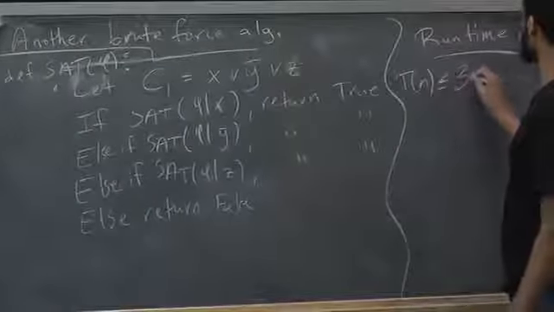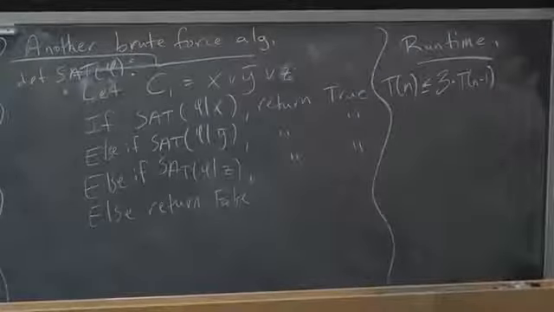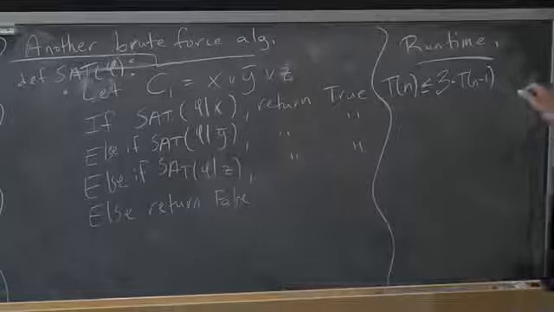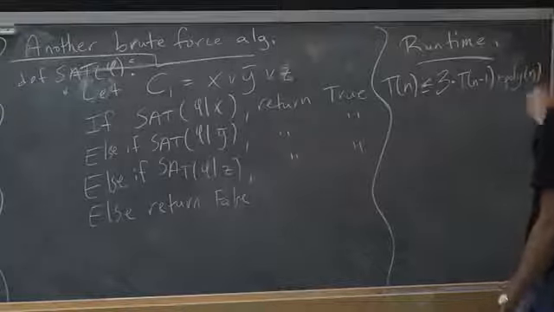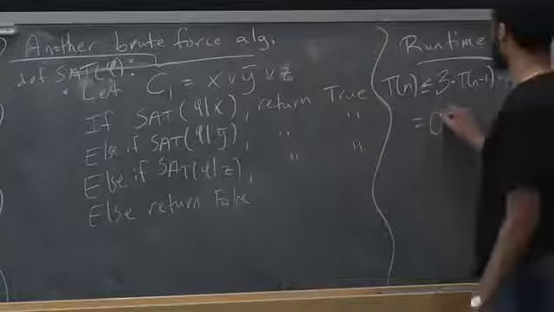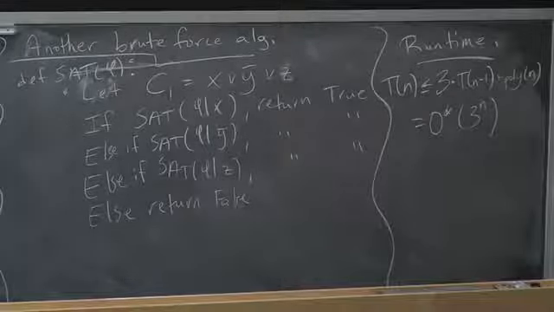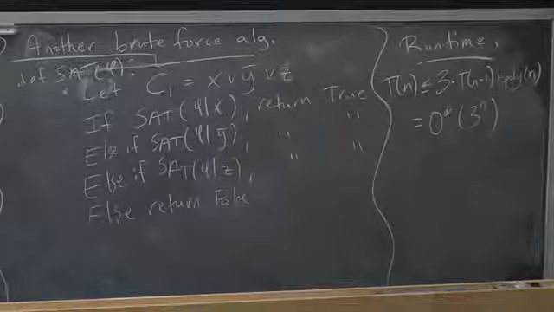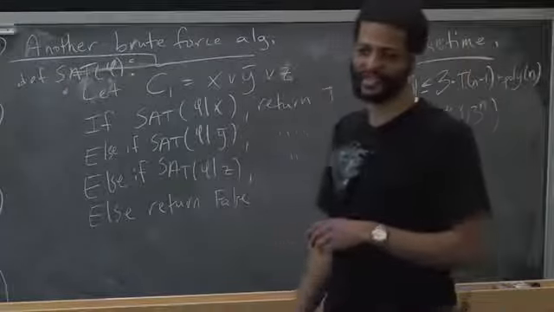This is at most 3 times T of n minus 1, plus some poly n or something. Which is, when you solve it, O star of 3 to the n. Which is worse than that other one where you just try everything. But so now we're going to get into pruned brute force. So what's one thing you can do to optimize this code?